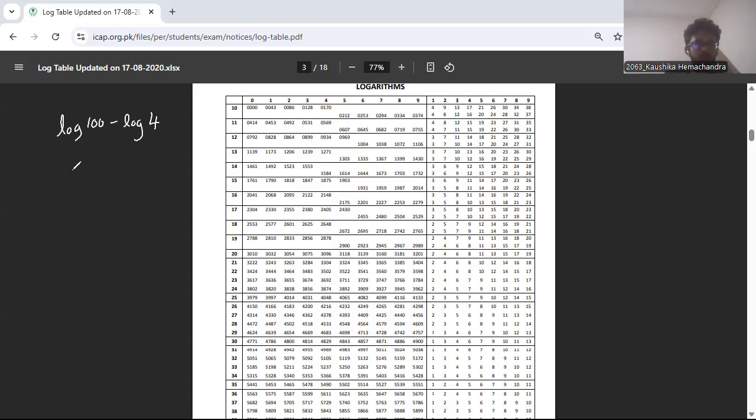So it's log of 100 divided by 4. That's log 25. So it's 2.5 into 10 to the power 1, so 1.25. Find out 25. Here is 25: 3979, no? One of you sent the correct answer. 3979.